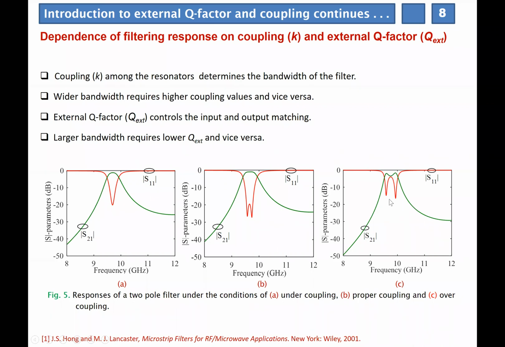This is called an overcoupled filter. If you get figure 5c, we have to decrease the external quality factor to come to figure 5b. And if we have a figure 5a like response, we have to increase the external quality factor a little bit, so we can get figure 5b.